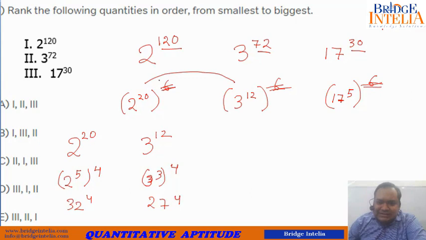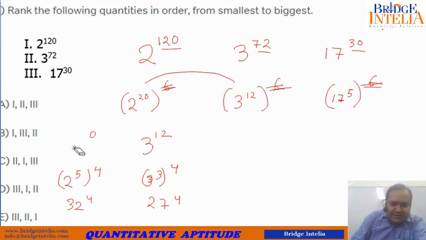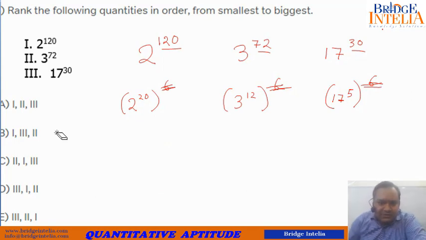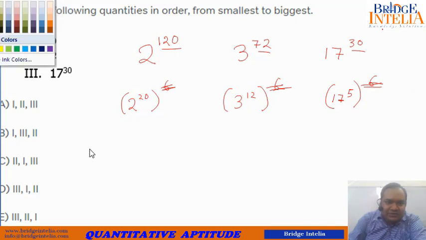So it is easily seen that 2 raised to power 120 is definitely greater than 3 raised to power 72. So one thing is already established: from these comparisons, 2 raised to power 120 is definitely greater than 3 raised to power 72.